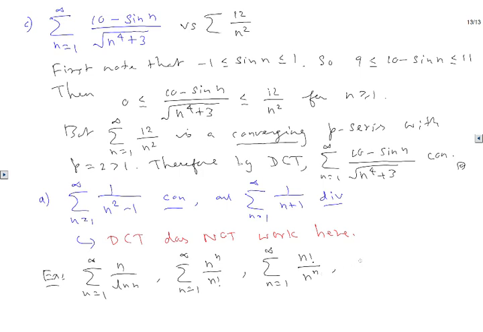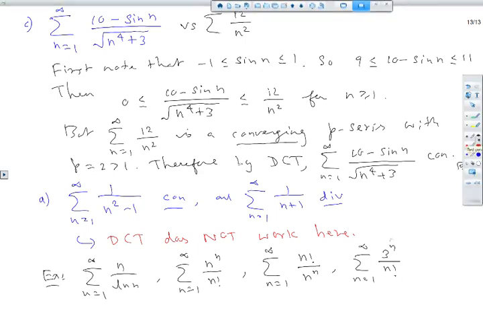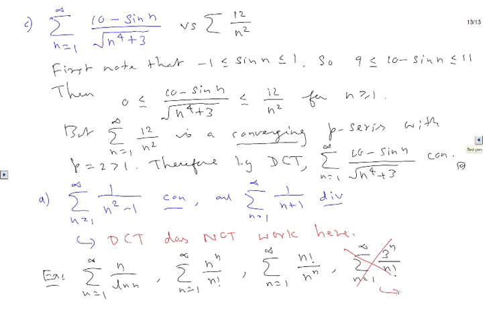But how about this one? Let's say you have n going from 1 to infinity, 3 to the n over n factorial. You can try this, but this is not a really good problem for this type. We normally don't do this kind of one. We normally use this one for the ratio test. So this is a good problem for the ratio test, and we're going to discuss those kinds of problems later.